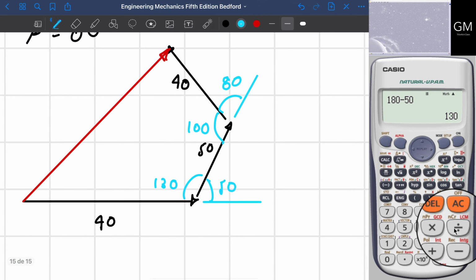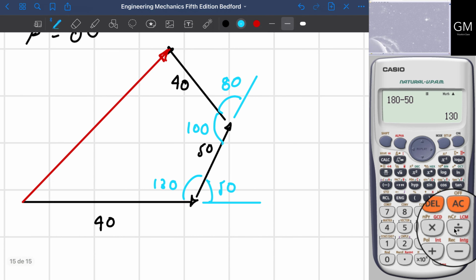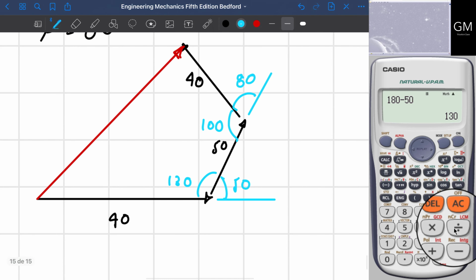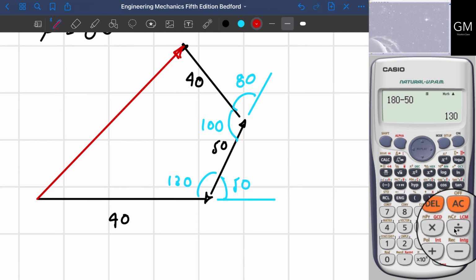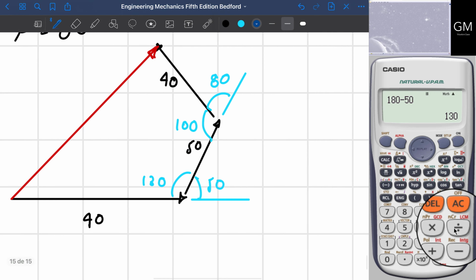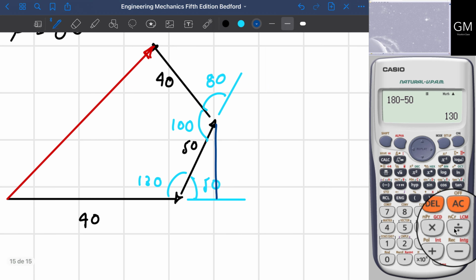And I have to start playing with these angles that I have right here. The first thing that I want to do is to create some different triangle shapes for me to start noticing what do I have right here. So here I have a triangle. Here I have a triangle.